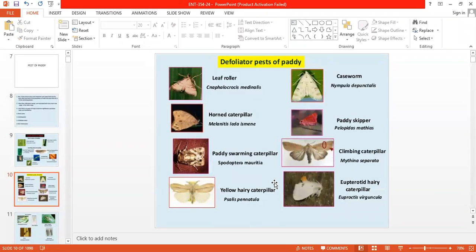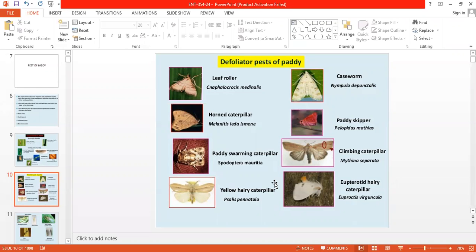Defoliator pests mainly feed on the foliage or leaves. These include leaf roller, horned caterpillar, paddy swarming caterpillar, yellow hairy caterpillar, caseworm, paddy skipper, climbing caterpillar, and Psalis hairy caterpillar.